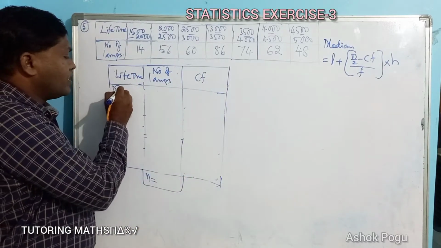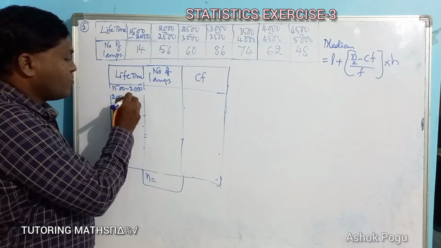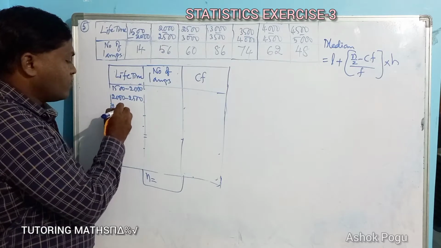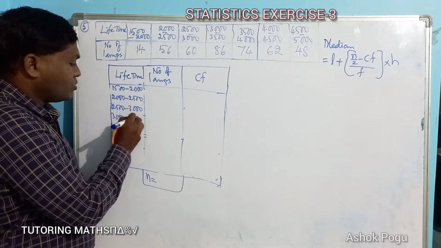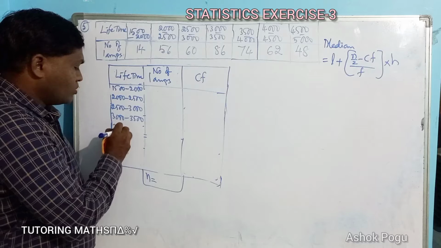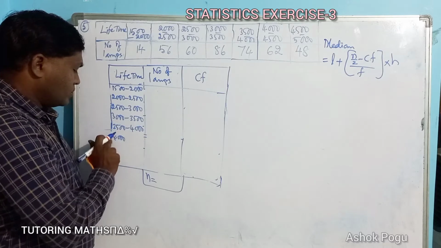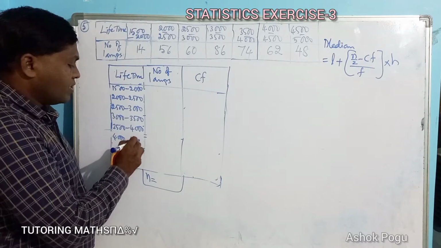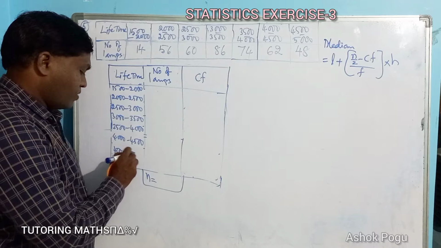Lifetime 1500 to 2000, 2000 to 2500, 2500 to 3000, 3000 to 3500, 3500 to 4000, 4000 to 4500, and 4500 to 5000.